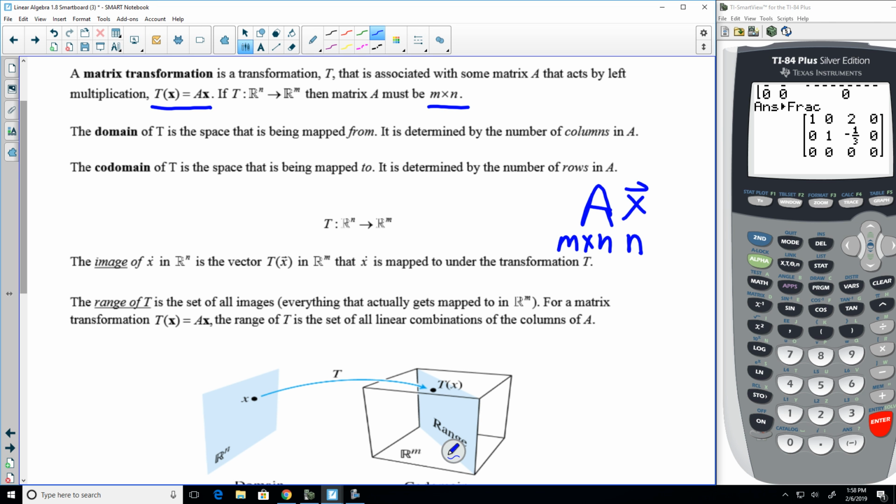In order to do the multiplication, those have to be the same. So that's what this is saying. It is determined by the number of columns of A what the domain is. The domain is what vectors we can plug in. Is that n by 1? Yes.